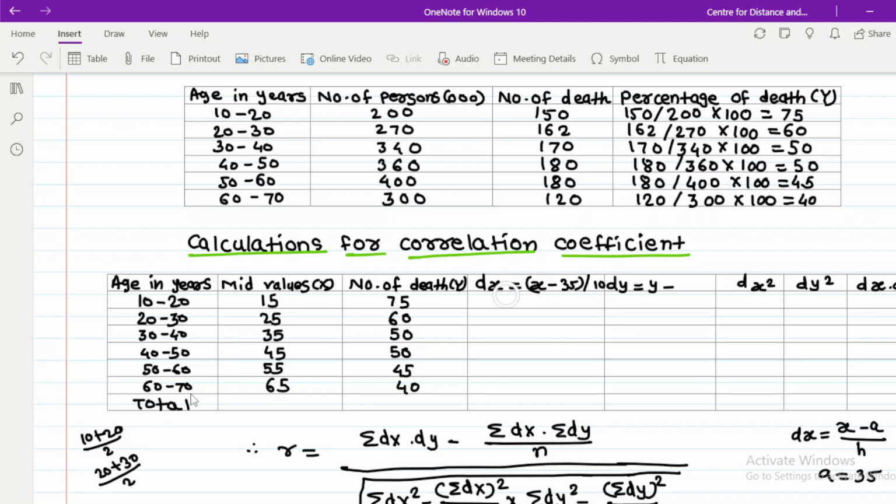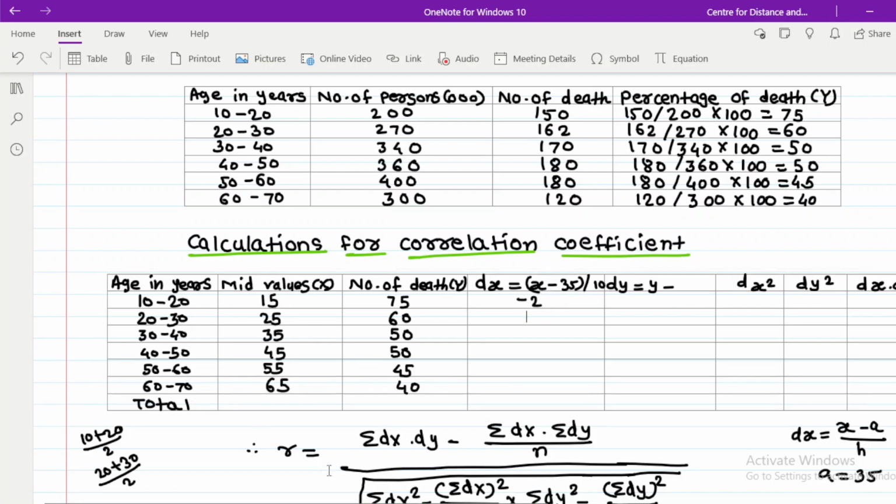Then for the value of x, that is 15, dx is equal to 15 minus 35, which is equal to minus 20. Minus 20 divided by 10 gives minus 2.